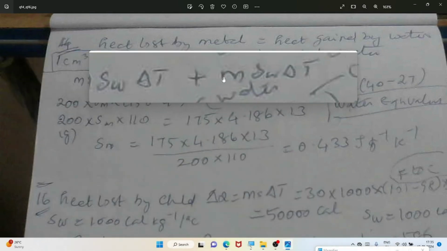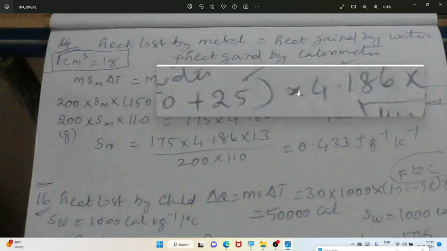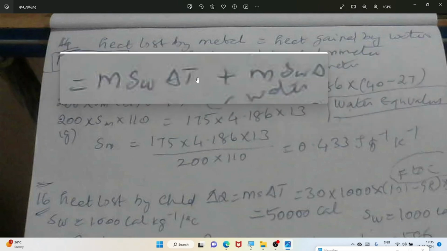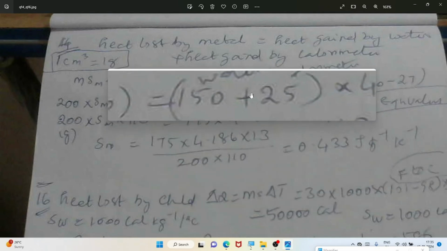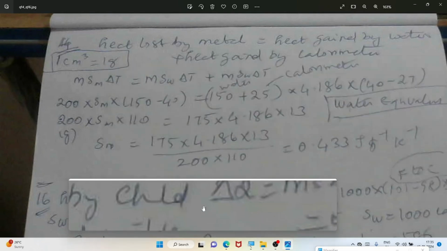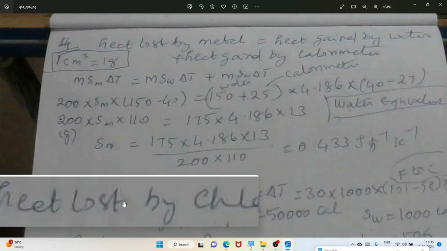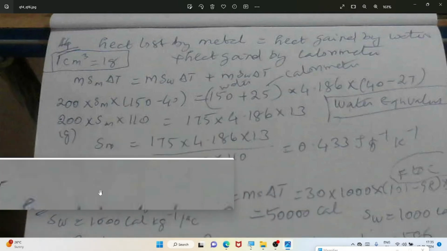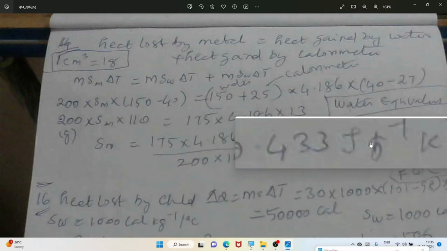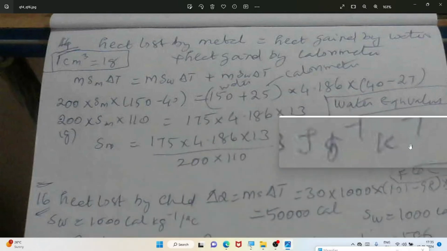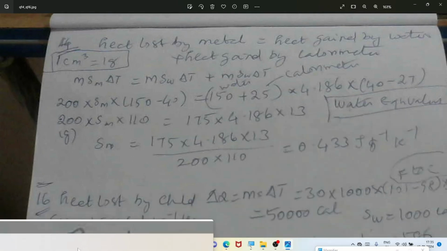This M and this M, then into S delta T, those two are common. So these are different, these two are common. So now the s of the metal comes out to be 0.433 joules per gram per Kelvin.